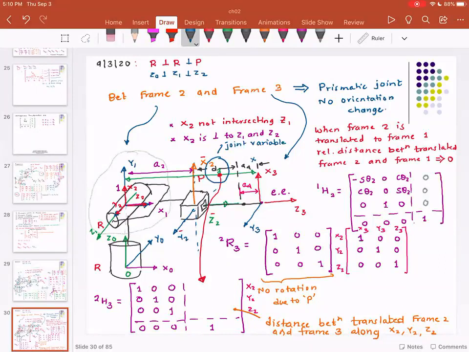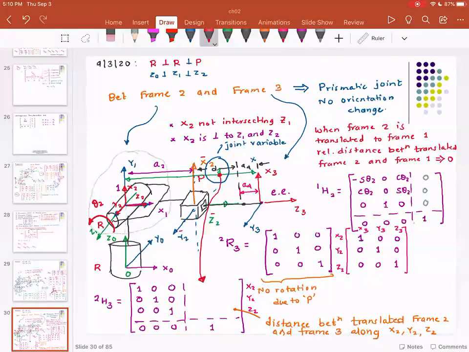But think about the rotation theta 2. Note where theta 2 is: theta 2 is here. If rotation theta 2 is equal to 0, then along x1 it would be a2 plus d3 plus a4.